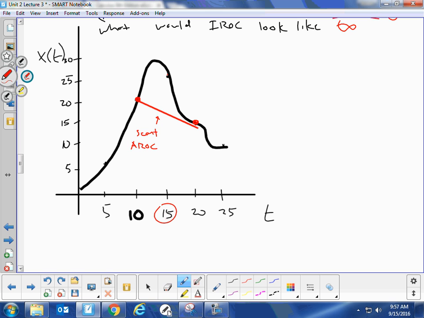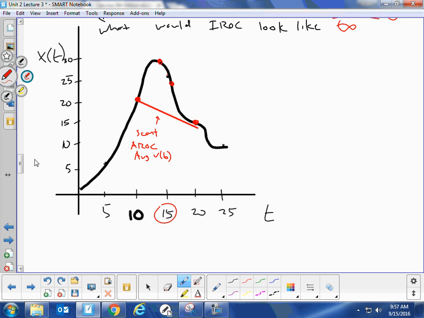What did I do next? What 2 points did I look at next? I looked at 15 and 25. What were the 2 points that I looked at next? 10 and 25. What did I look at next? 14 and 16, right? Well, if I knew the 14th point and the 16th point, I calculated the average velocity using those 2 points.